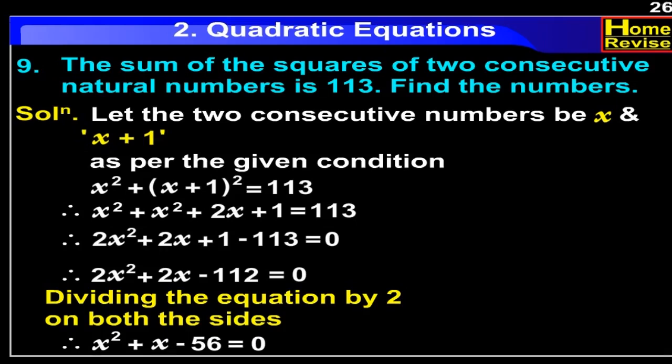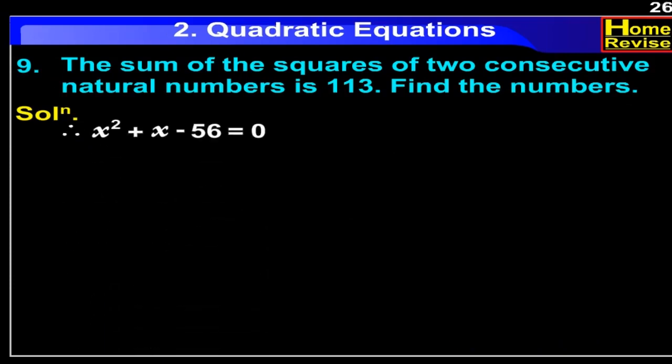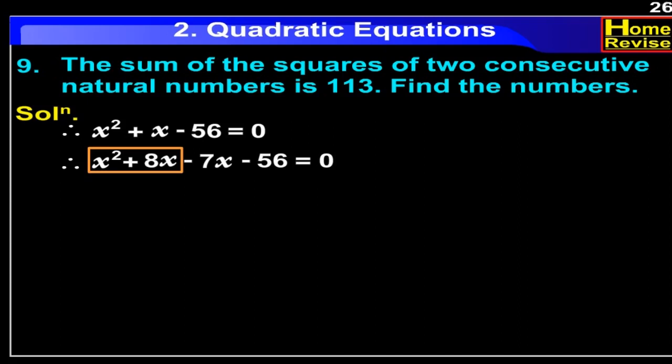Now splitting the middle term plus x as 8x and minus 7x, we have x square plus 8x minus 7x minus 56 is equal to 0. Taking x common from the first two terms, we get x (x plus 8).